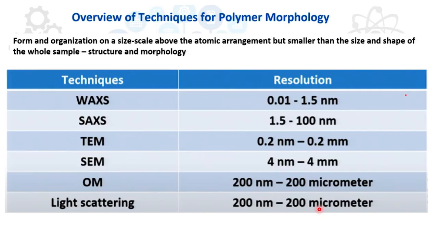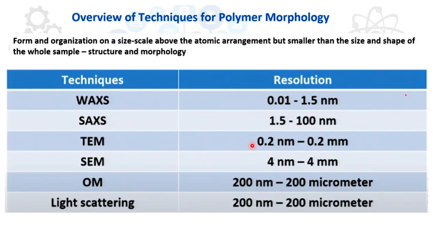So for the techniques used in polymer morphology, we have already discussed wide angle and small angle X-ray scattering, and now you check the resolution. In case of WAXS, 0.01 to 1.5 nanometer. In case of small angle X-ray scattering, up to 100 nanometer resolution is possible.